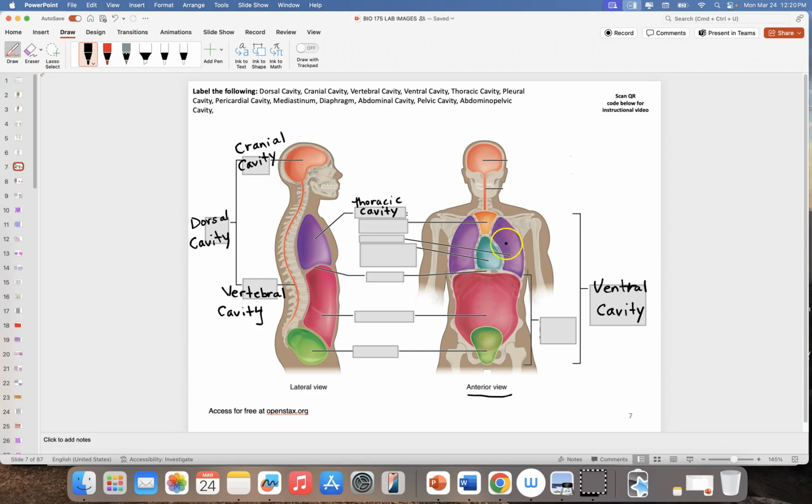If we're housing the lungs, that is going to be the pleural cavity. If we're housing the heart, that is going to be the pericardial cavity.